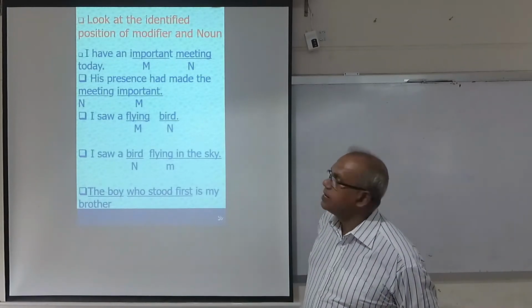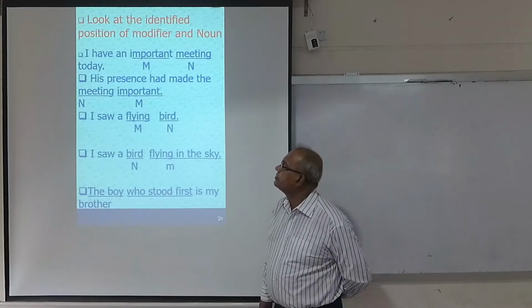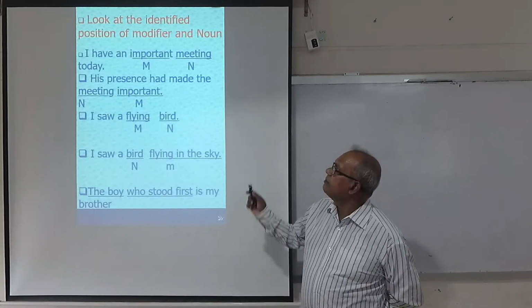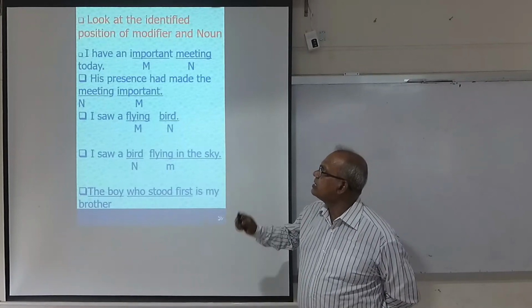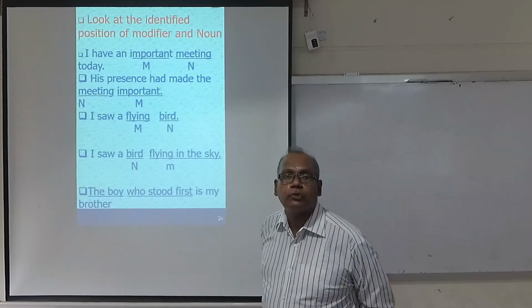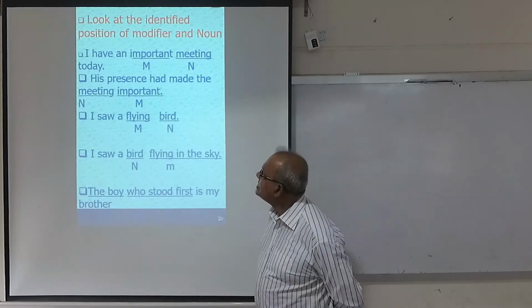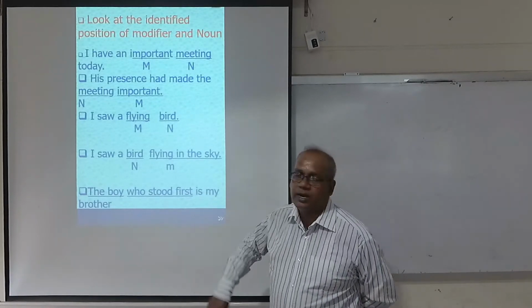Important modifies the word meeting. The next sentence, his presence had made the meeting important. Here, important is also modifier, but it is used as post-modifier, and this modifier modifies the word meeting.